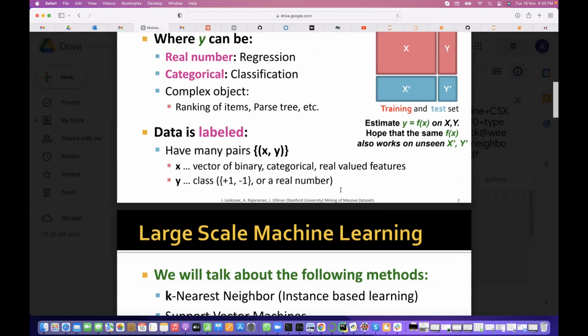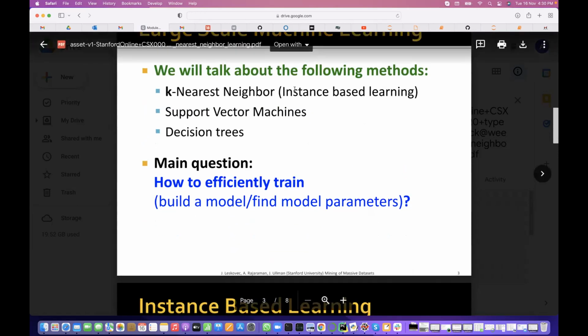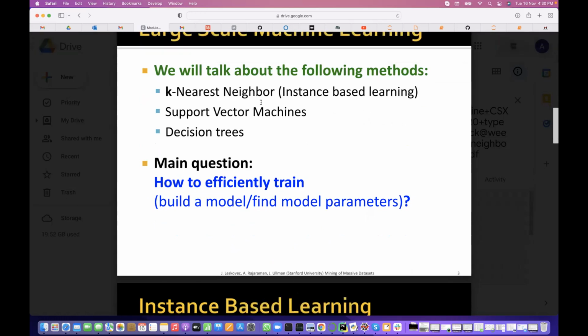Data is labeled, we have many pairs x, y, x a vector of binary, actually putting the entire machine learning setup here. So we will talk about the following methods. K nearest neighbors. Of course, we don't do support vector machines and decision trees in this lecture. That will come later, but we concentrate on K nearest neighbors.